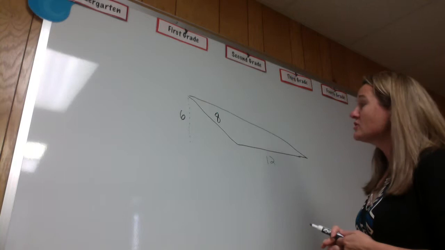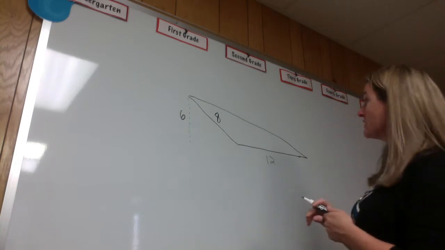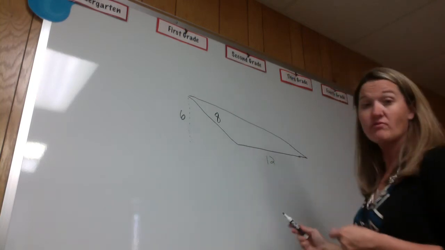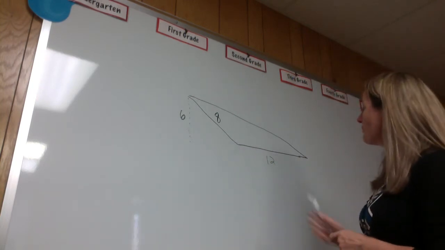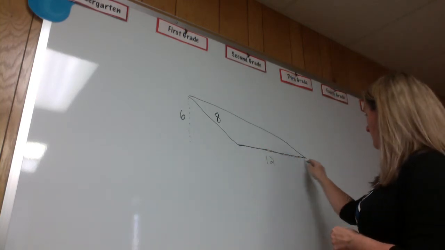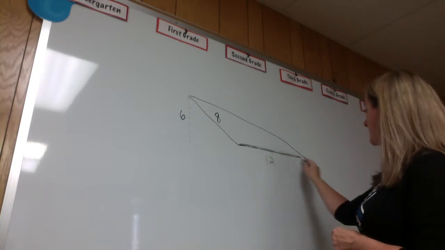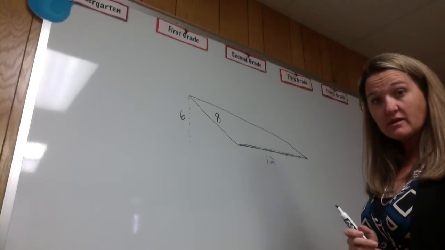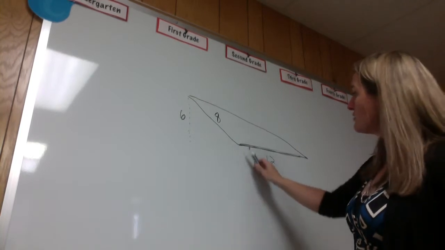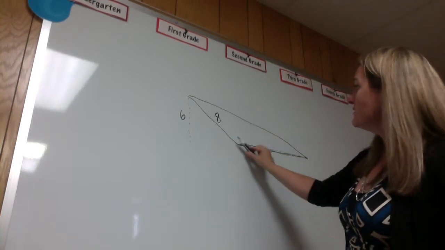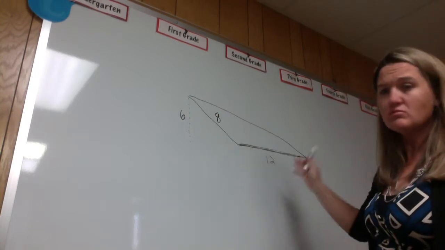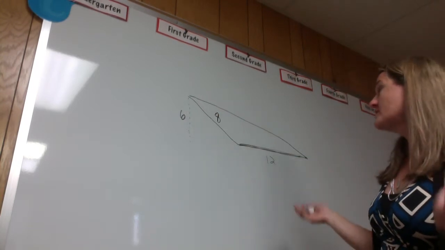Okay, so with this triangle, it's still a triangle. Keep in mind, it's still half a rectangle. It's kind of a wonky rectangle, but it's still half of one. Now we've got our base, which is basically the one that's on the ground. That's 12. Now we have to find the height. The height is not always necessarily the one that's just attached to the base. More times than not it is.